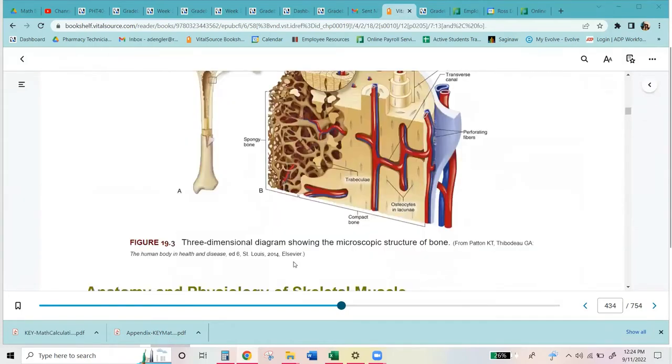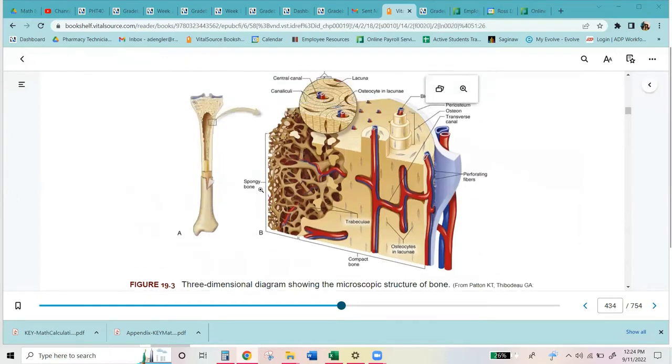And this is a three-dimensional diagram showing the microscopic structure of bone. It's kind of interesting. Here's the spongy. Here's compact. And then it shows you all of the arteries and veins in between.